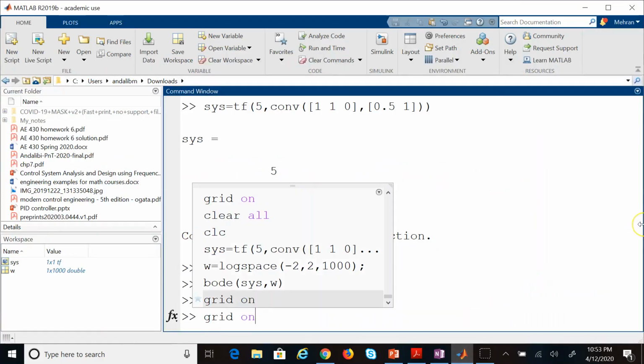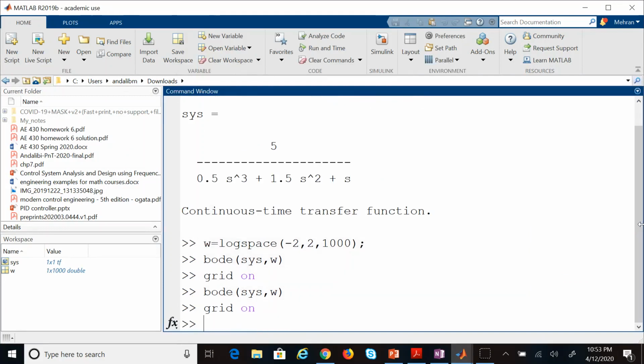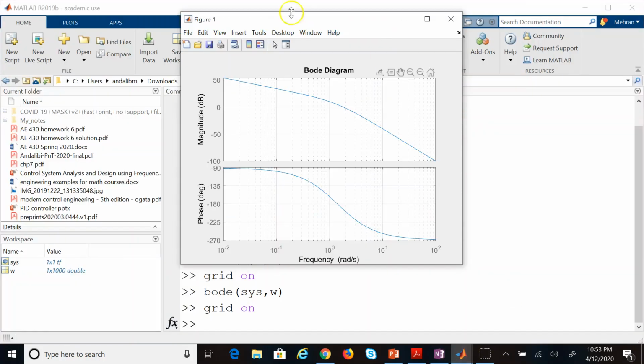Here, let me redo that plot for you, and now we go and find the place with negative 128 in phase. So here we come somewhere around, let's say, about 0.46, right? So at 0.46, the angle is negative 128.